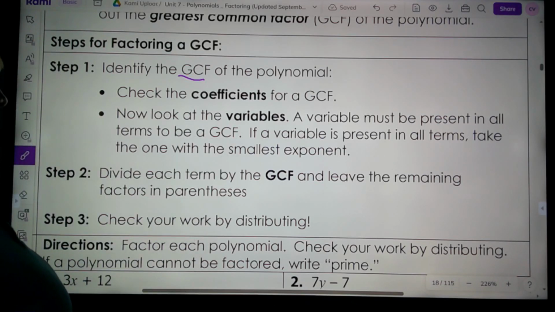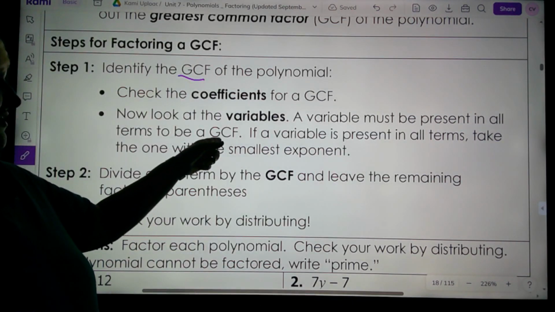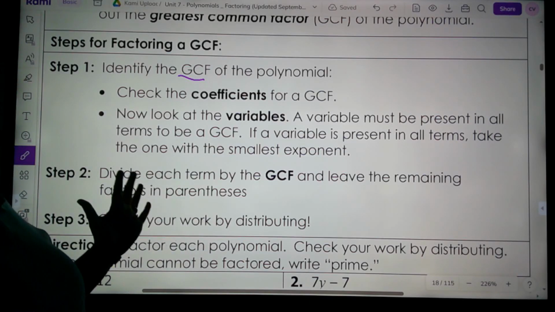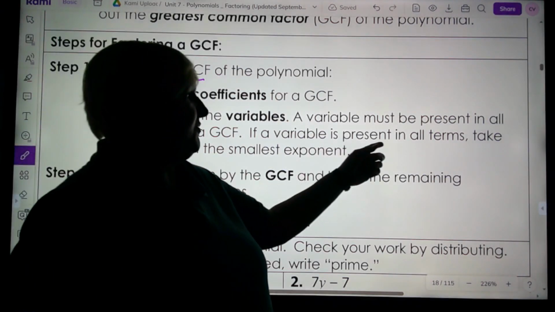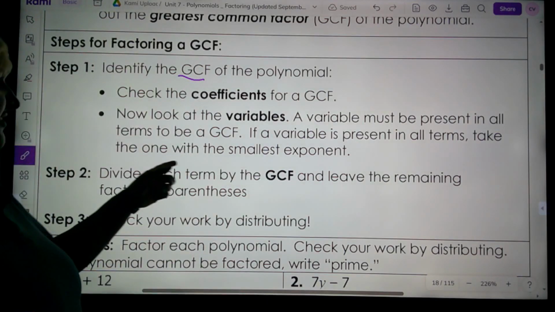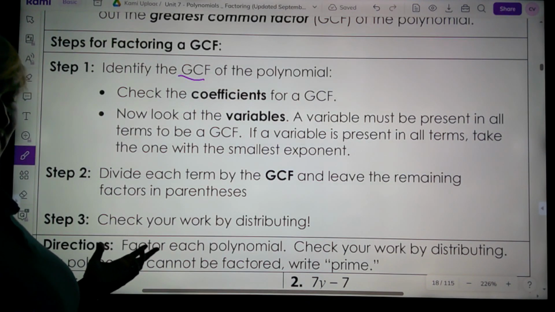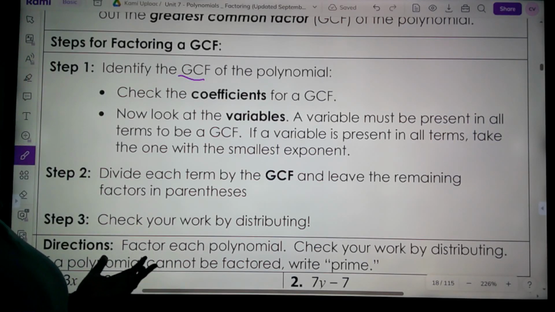If they have a greatest common factor, a variable must be present in all terms to be a greatest common factor. So if it's a 2-term, 3-term, 4-term, 5-term, it has to be in all the terms, right? If a variable is present in all the terms, you can take the one with the smallest exponent. If your smallest exponent is a squared, then that's the least and most you can take out.